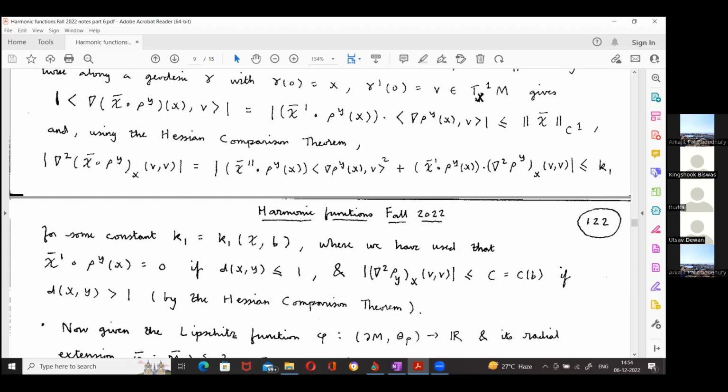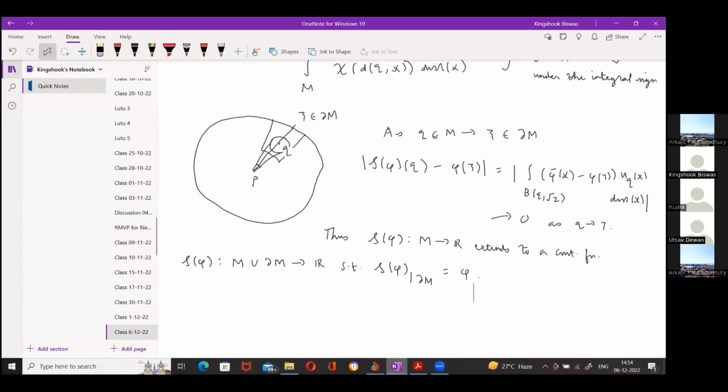So let me remind you of the Hessian comparison theorem.